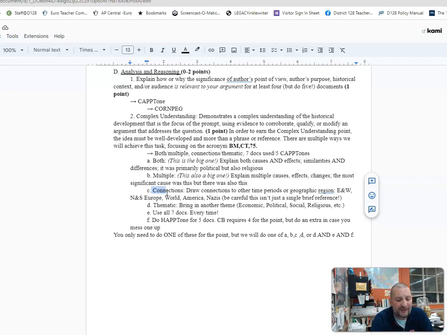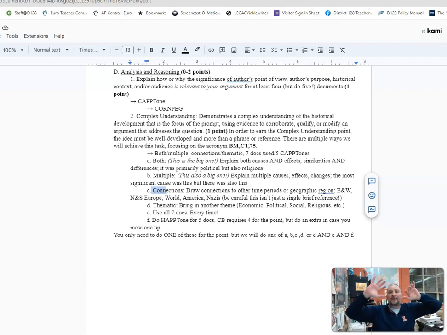So the geographic regions that we're allowed to use and the times that we're allowed to use, since we're just doing European history here, a lot of times there'll be a difference between East and West, or even North and South Europe. If the question is just about Russia, you could say, but in Western Europe, this is the way it went. So first dividing Europe, okay?